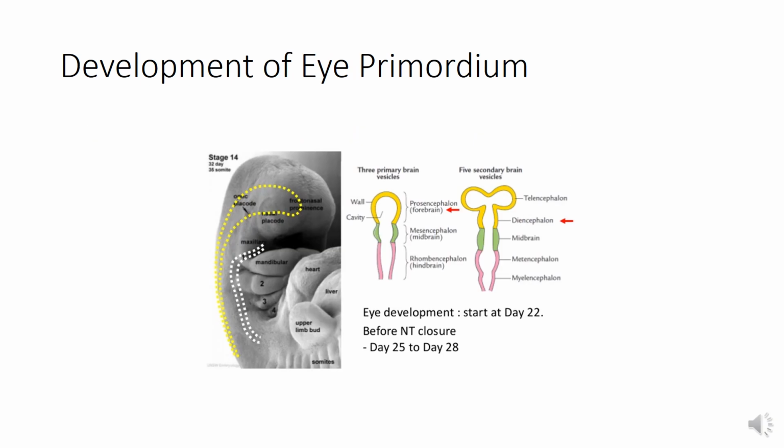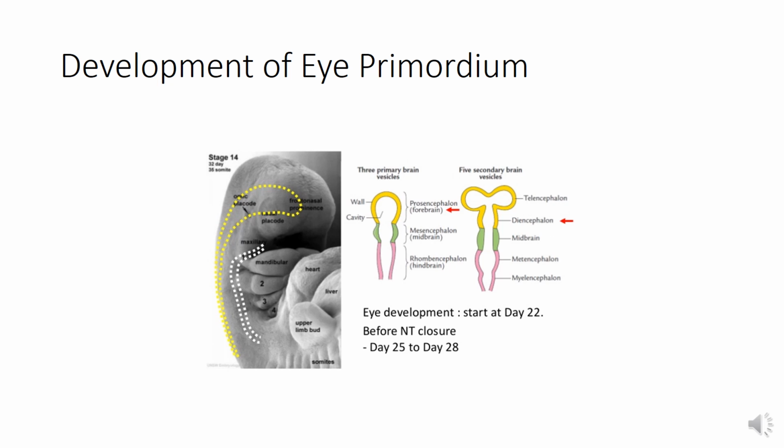The optic primordia, or eye primordium, appear as a pair of shallow grooves called the optic sulci. One optic sulcus is located on each lateral surface of the developing forebrain.